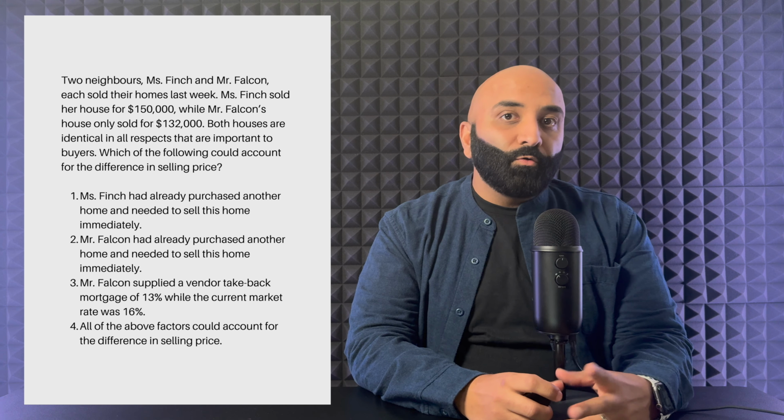If they're offering you a rate that's lower than the market, that's going to motivate you, me, anybody to pay a little bit more for their home. But Mr. Falcon got less than Ms. Finch. So that can't be true. The reverse would be true if he got more. And the final answer says all of the above factors. Well, we've just eliminated the first one and the third one, so it can't be the fourth answer, it has to again be the second one.